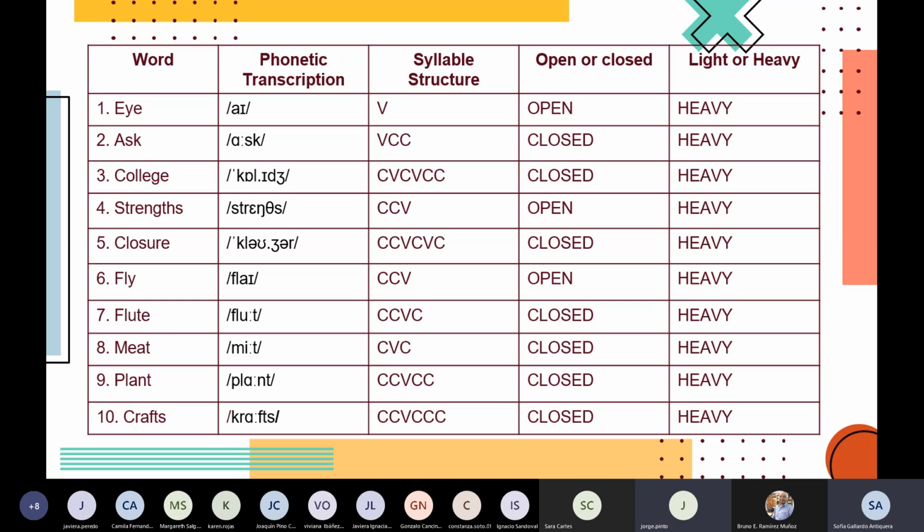Well, it is closed because it ends with a consonant. You remember that when it is open, it ends with a vowel. So if we take out the R, we can say that it is open, but as it has the R at the end and it is a consonant, it is closed. And you have a coda here. You have a branching rhyme, so it would be heavy.